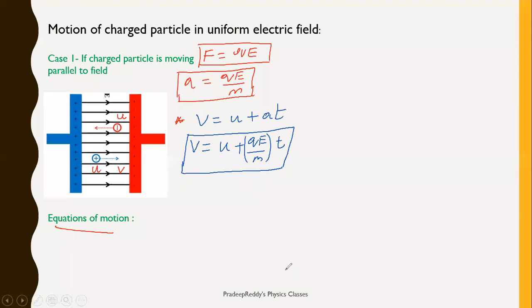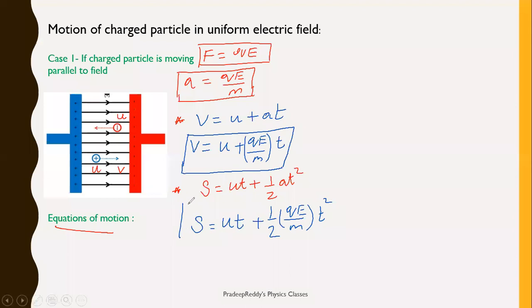And for the second equation of motion, we have S is equal to ut plus half at square. I can use this equation where a is there. I'll be just substituting that. So distance traveled in a uniform electric field is u into t plus half into acceleration, qE divided by m, into t square. This is the second equation of motion.